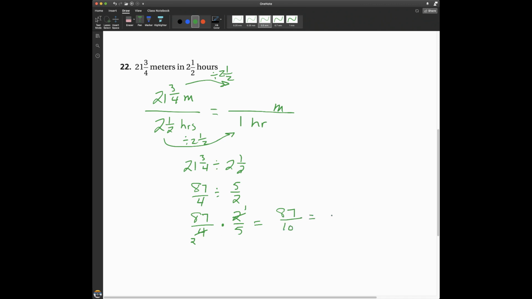If you put that in your calculator, you'll end up with 8.7. All right. And all I'm going to do now is just write this up here. So 8.7. And I can just write it like that. And there is my answer. There's my unit rate.